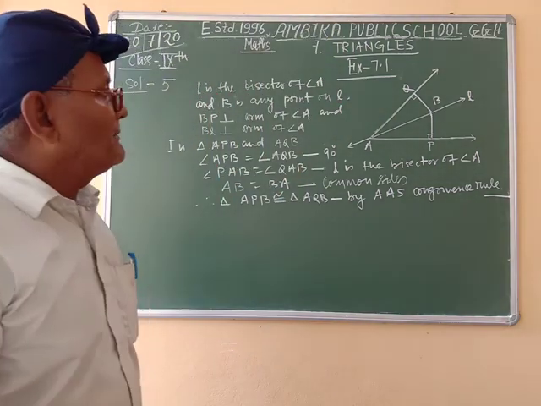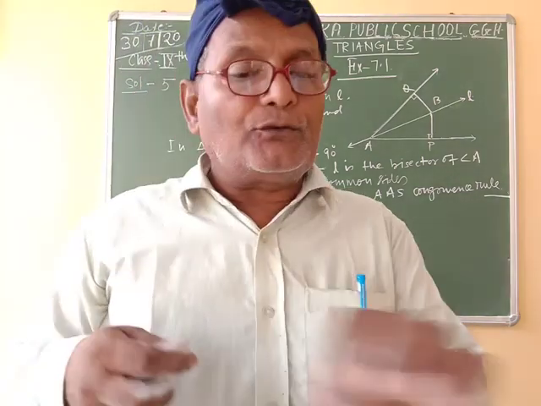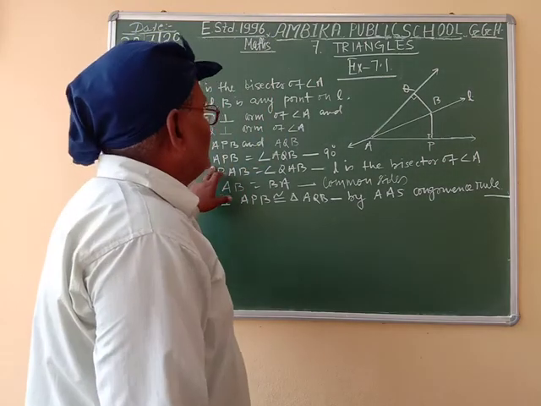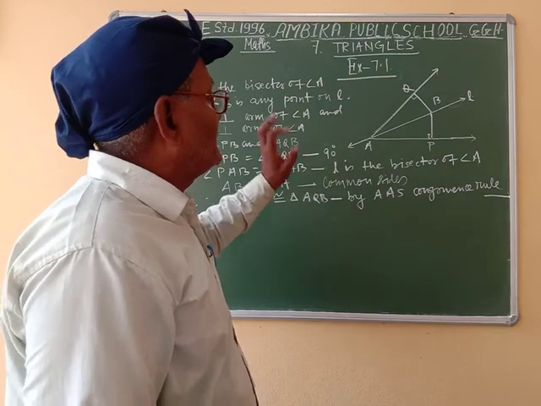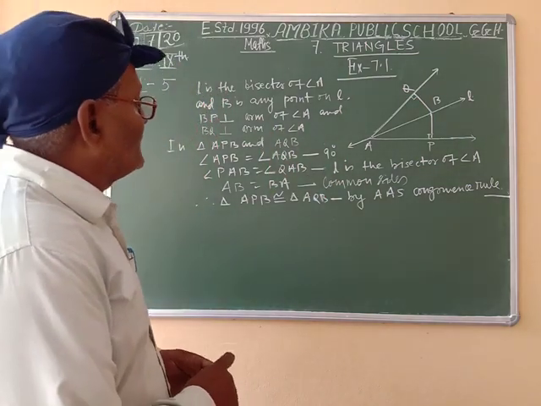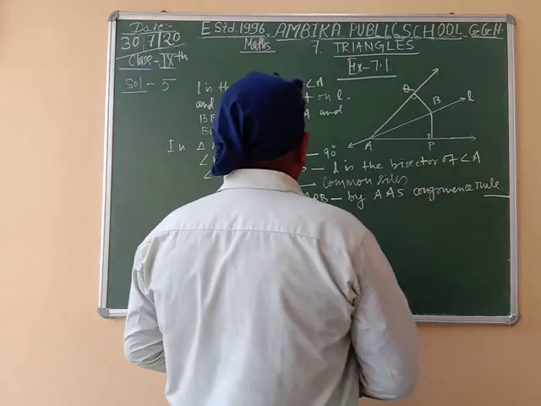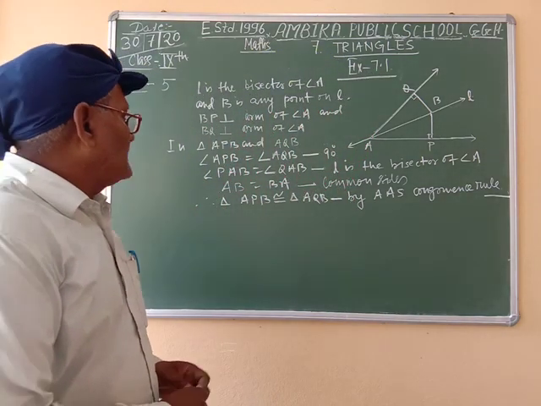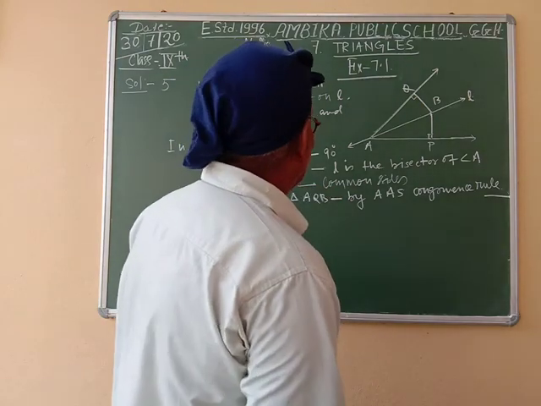In triangles APB and AQB, angle APB is equal to angle AQB, because BP and BQ are perpendiculars on the arms of angle A. Angle PAB is equal to angle QAB, because L is the bisector of angle A, and AB is equal to BA, the common side of triangles APB and AQB.